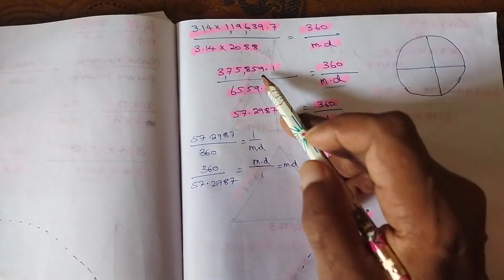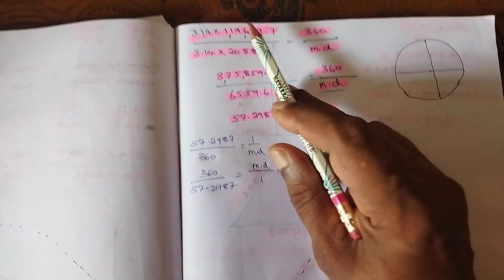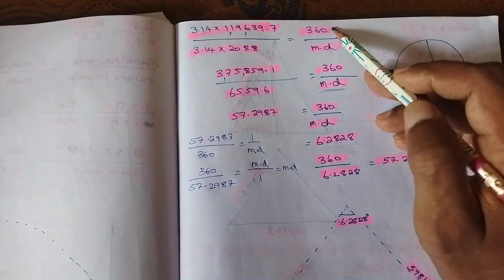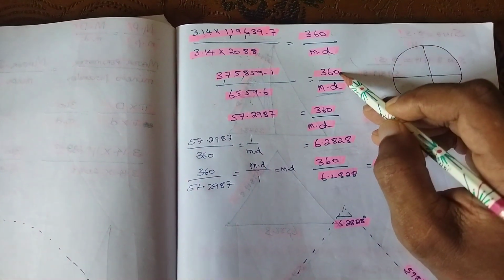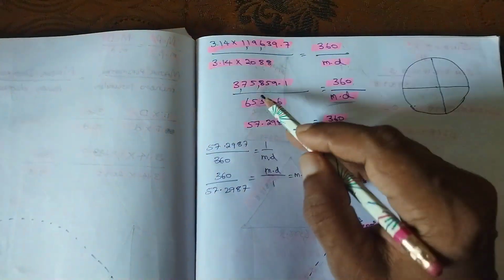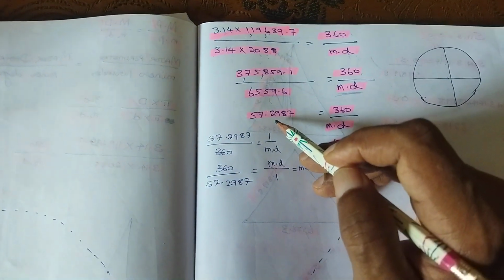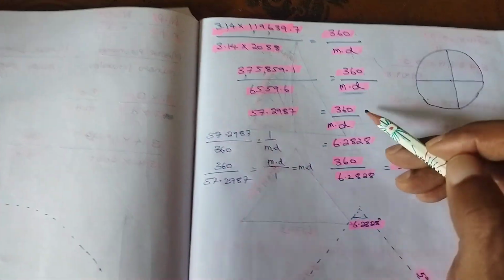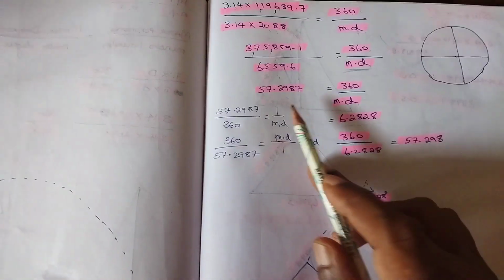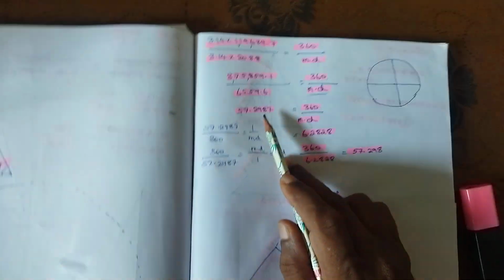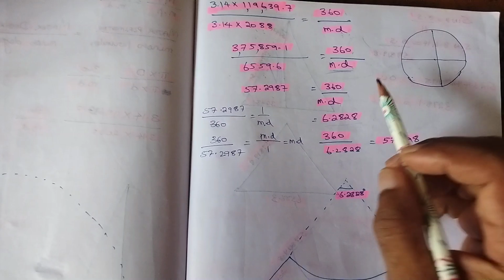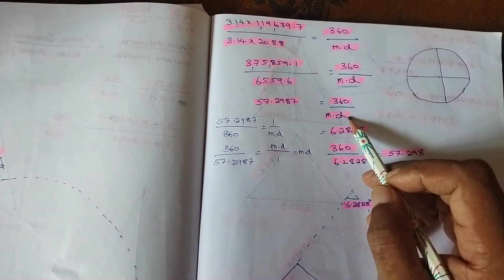These measurements I have written here. These measurements have been multiplied and I have written here. Same way 360 has been written at the bottom, MD has been written at the bottom. Its measurement will be 57.2987. If it is so, 360 by MD also will be 57.2987. We have to find out MD, minor degree.